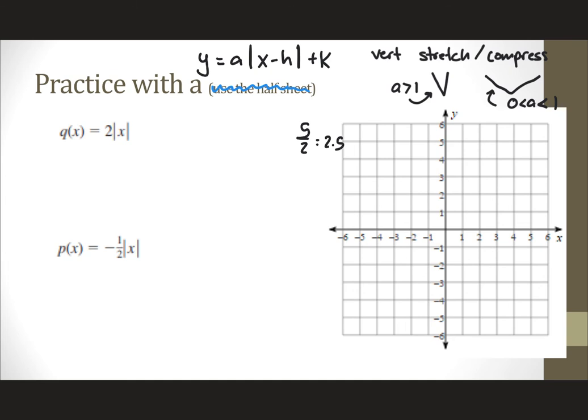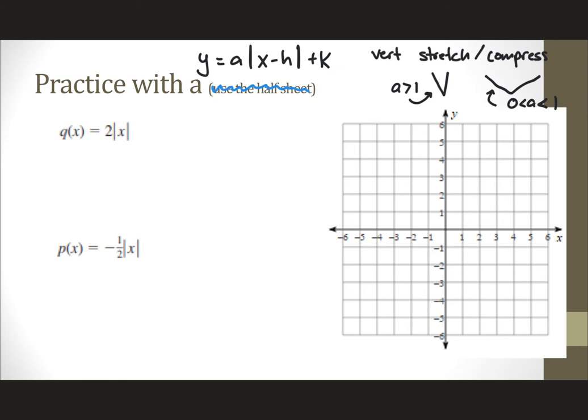That's greater than 1. Okay, so if A is greater than 1, it's going to be a nice narrow V, a stretch. If A is in between 0 and 1, it's going to be a compression. Now that's A's first job. Let's talk about A's first job for this first problem, and then we'll talk about A's second job for P of X. All right, so here we go.